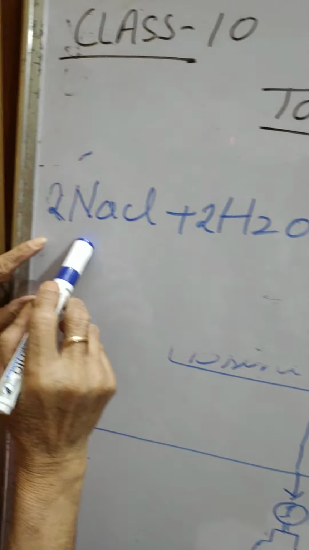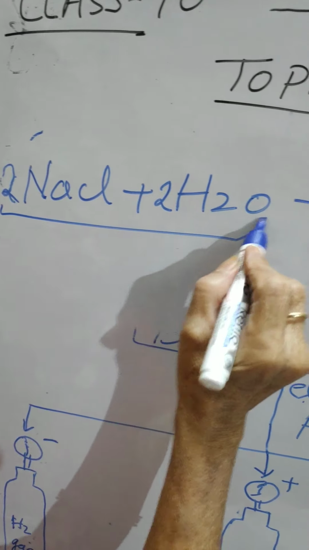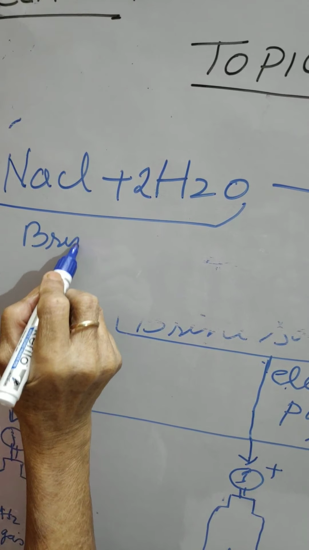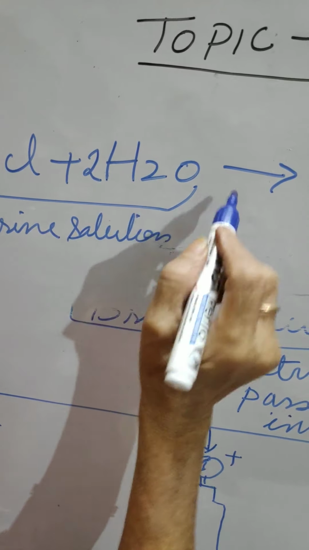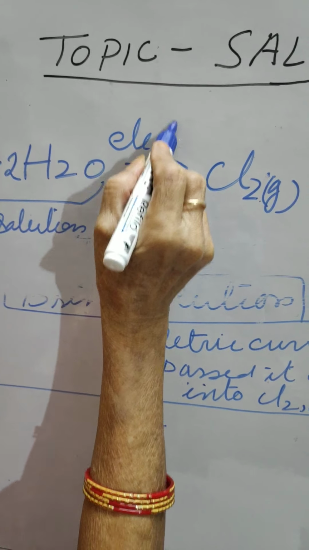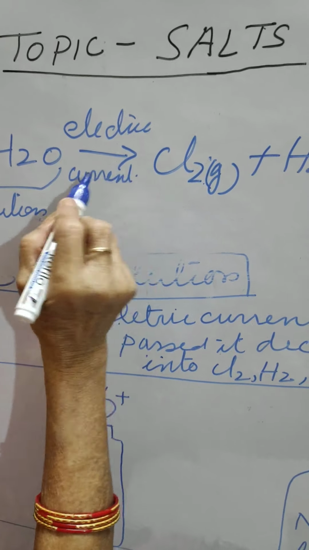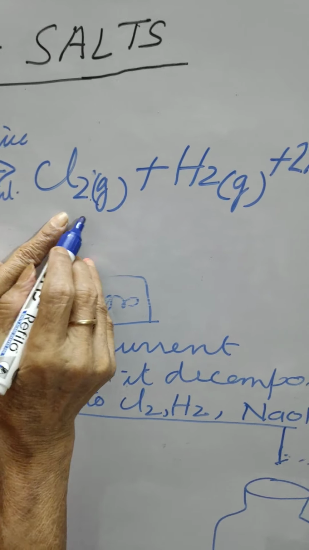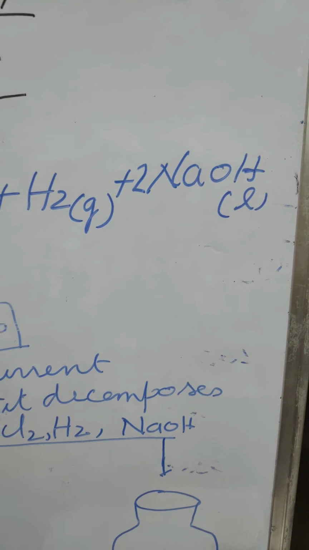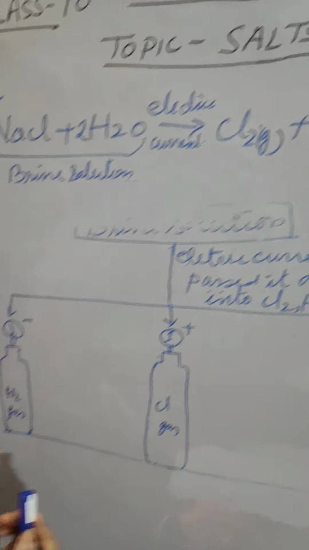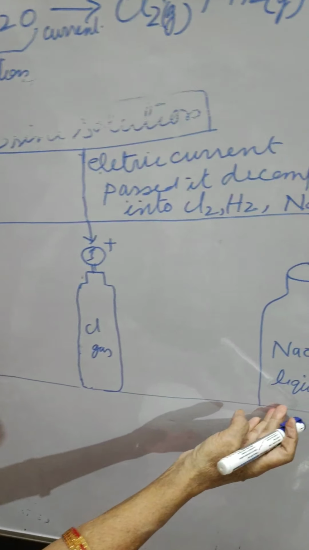The sodium chloride plus water is the brine solution, and when electric current is passed, it decomposes into chlorine gas, hydrogen, and sodium hydroxide. Now here we get three products. Two products are in the form of gas and one product is in the form of liquid.